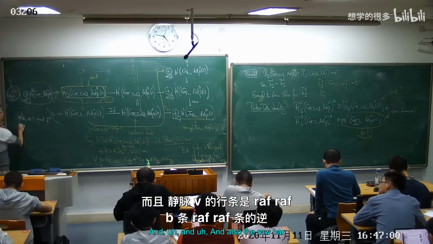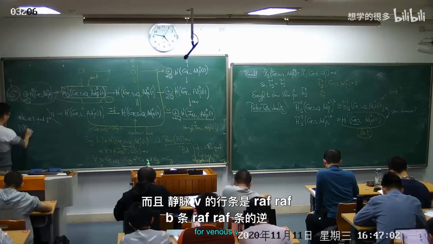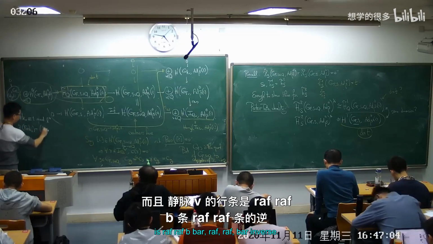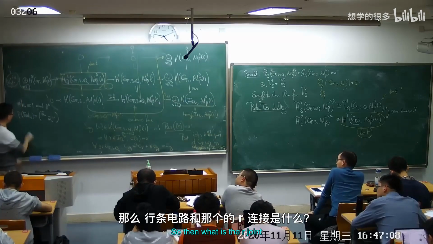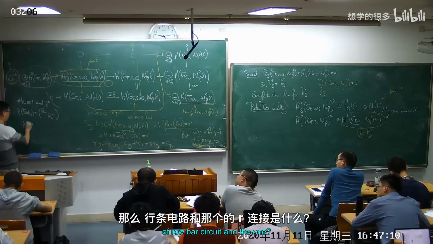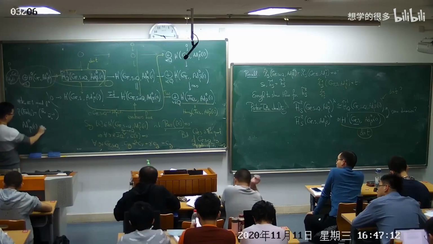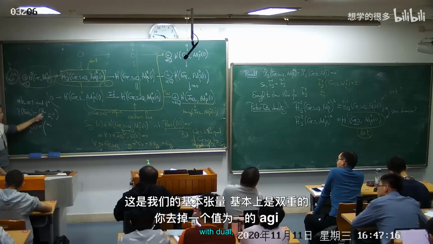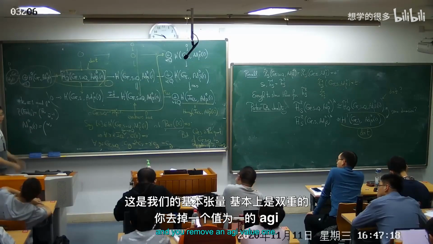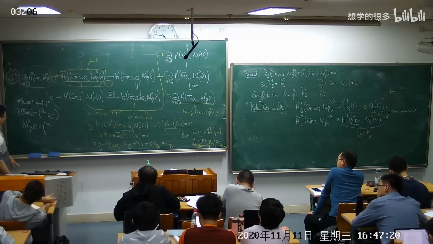And also, rho bar of Frobenius_v is alpha_v bar inverse. So then what is the adjoint of rho bar circ and 1? This is alpha, basically this tensored with its dual, and you remove an eigenvalue 1.